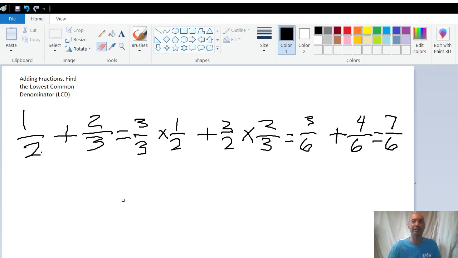Let's try another example of adding two fractions.